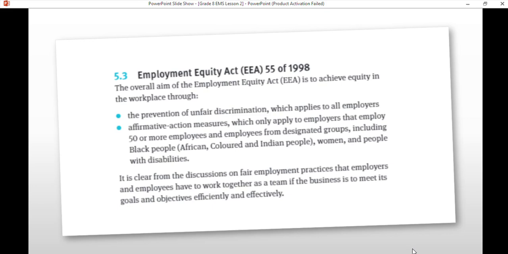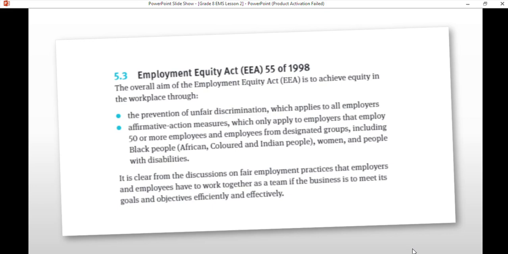This act was initially created to make sure that everyone is equal in the workplace. The workplace was not an equal place. People just hired family and friends and kept it in the family, and big businesses had no equal representation. So for example, in a town like Jeffries, if they opened a business, then if you look at equal representation, there were just white people working in the company, but it didn't represent the population of that specific area.